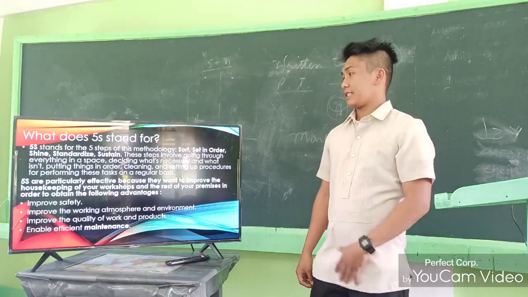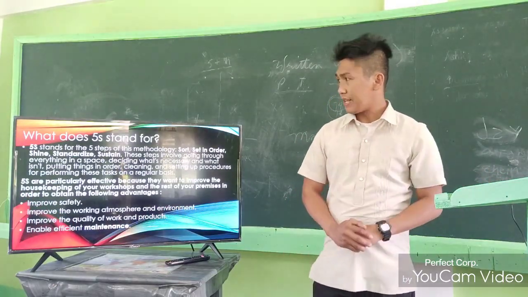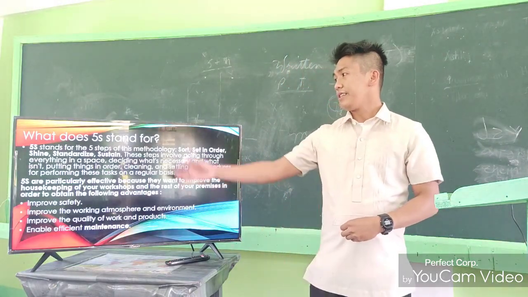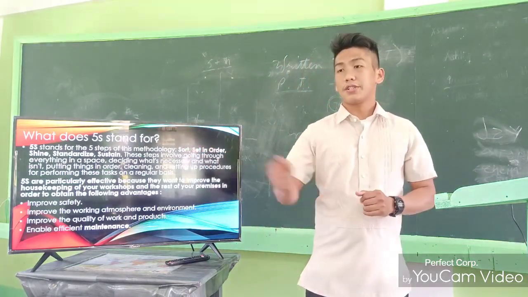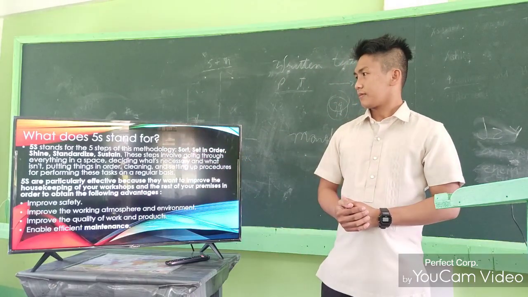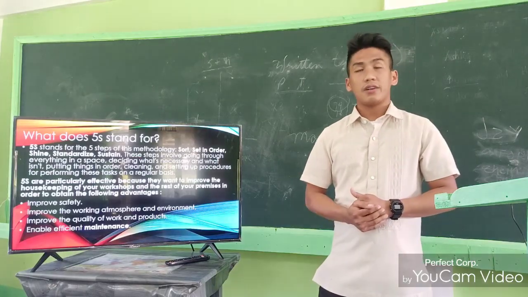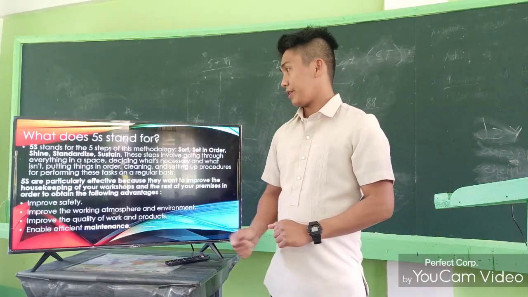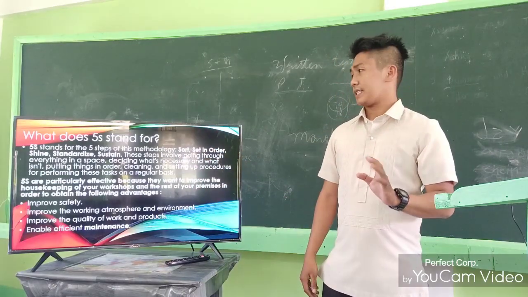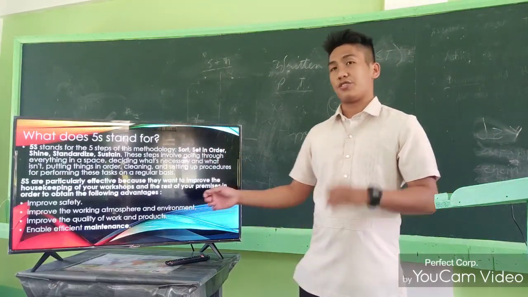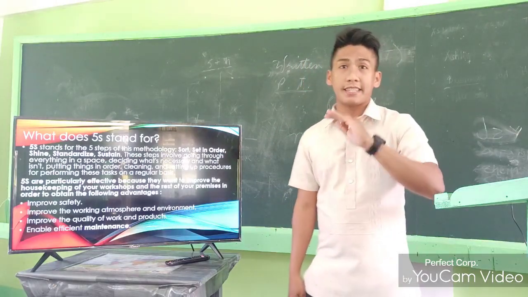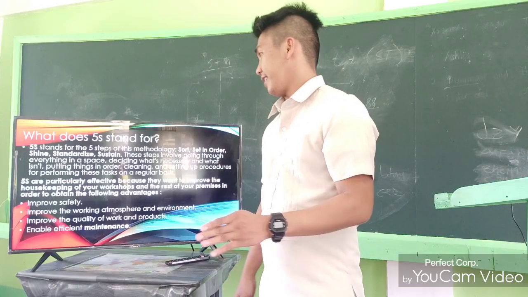So, what does 5S stand for? Okay, can you read, Mr. Solina? Okay, so I'm going to read also. 5S stands for the 5 steps of this methodology: to sort, set in order, to shine, to standardize, and sustain.